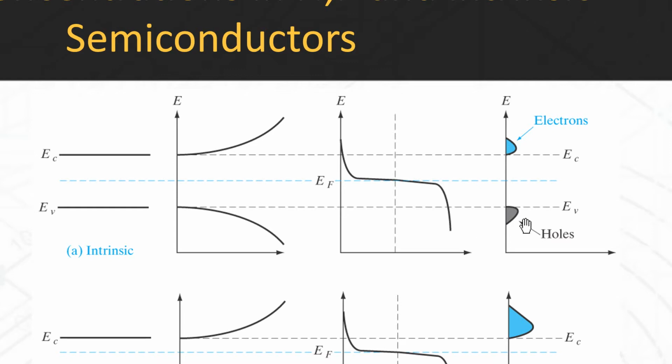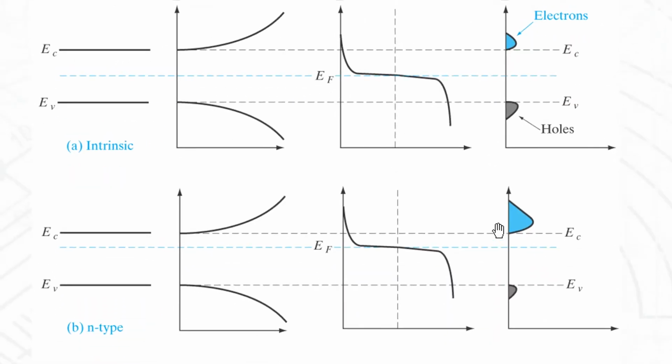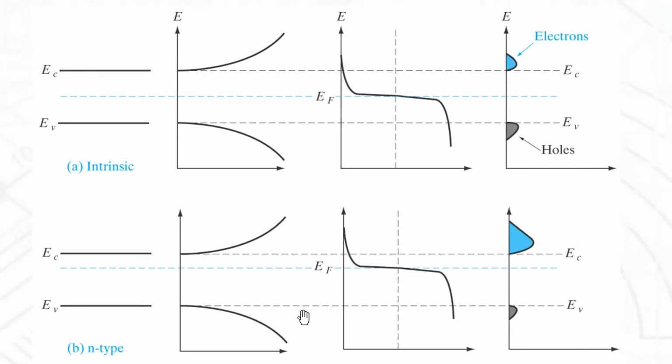And similarly for holes, you can make the same kind of argument. If you compare this situation to an n-type semiconductor where the Fermi level has been shifted up, the distributions of electrons and holes change.